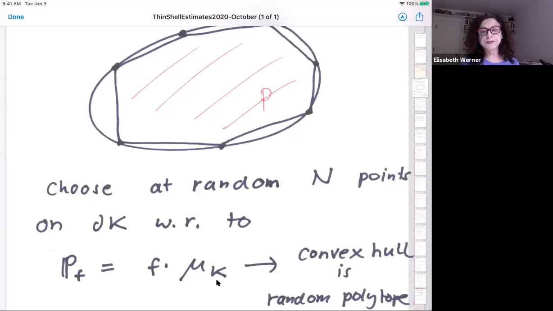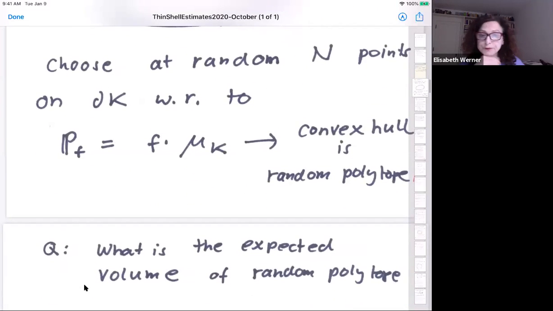It's just the surface measure hit by a positive function F, and we want a probability measure. Then, having chosen these capital N points on the boundary with respect to this measure, we take the convex hull of these chosen points, and that gives us a polytope, or a random polytope. One of the natural questions that one asks in this context is, what is the expected volume of such a random polytope?